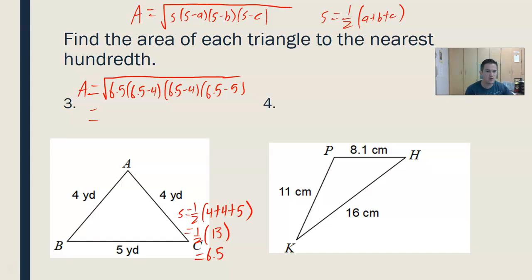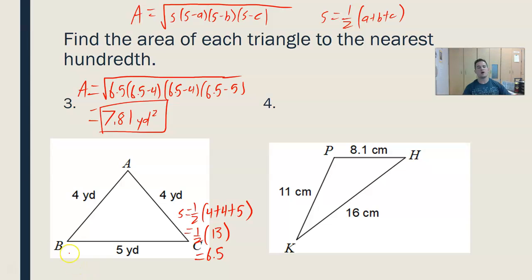I'm going to take the square root of 6.5, open parentheses, 6.5 minus 4, close parentheses, open parentheses, 6.5 minus 4, close parentheses, open parentheses, 6.5 minus 5, close parentheses, get out of that square root, and I get 7.81 yards squared.